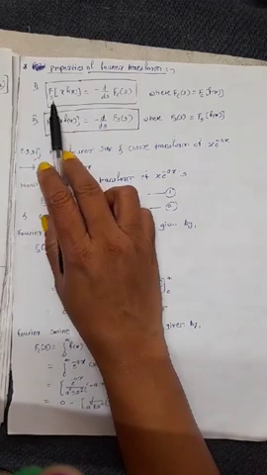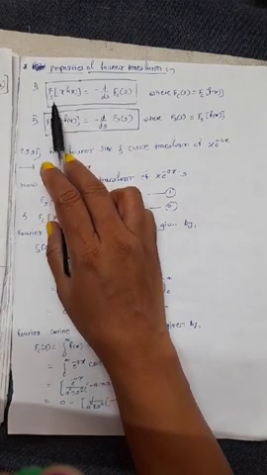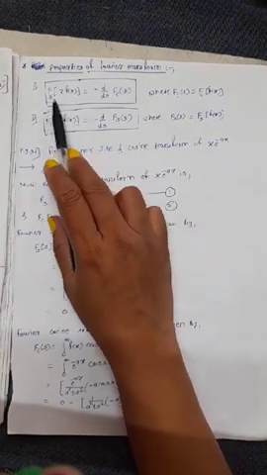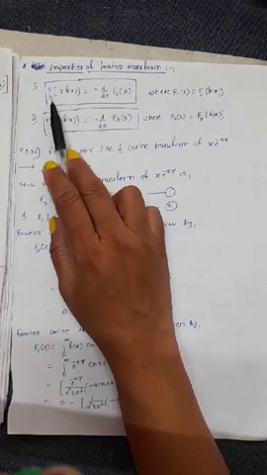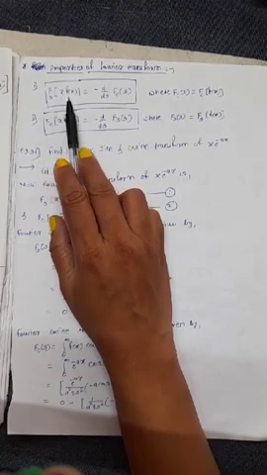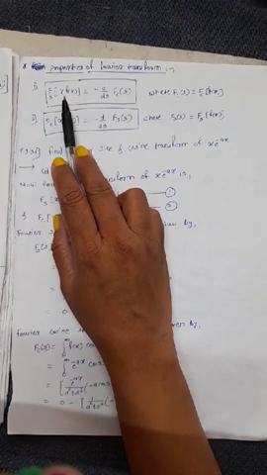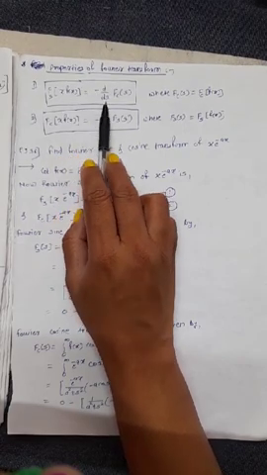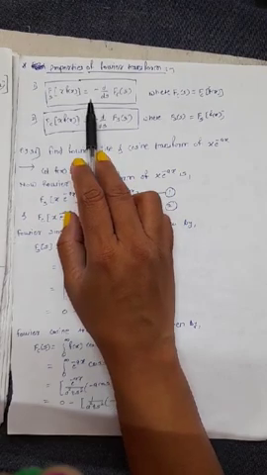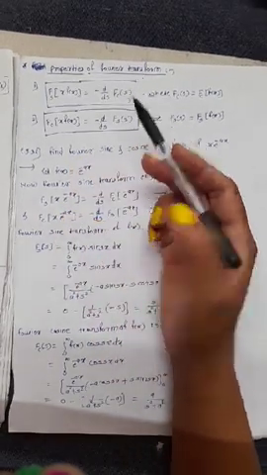If F of s, these are notations we have to know. Fs of x f(x), meaning the Fourier sine transform of x into f(x), where a multiplication by x is there, is equal to minus d by ds. It is like the Laplace transform multiply-by-t property.